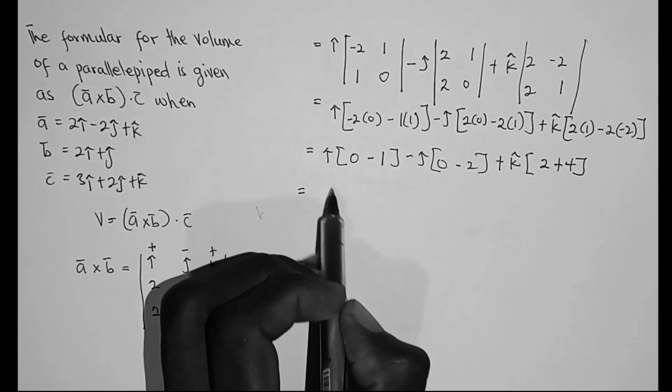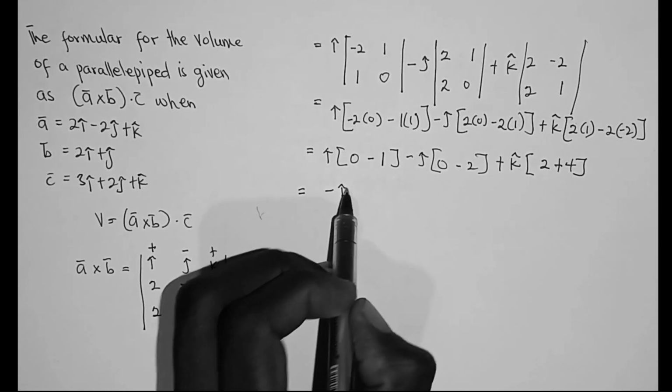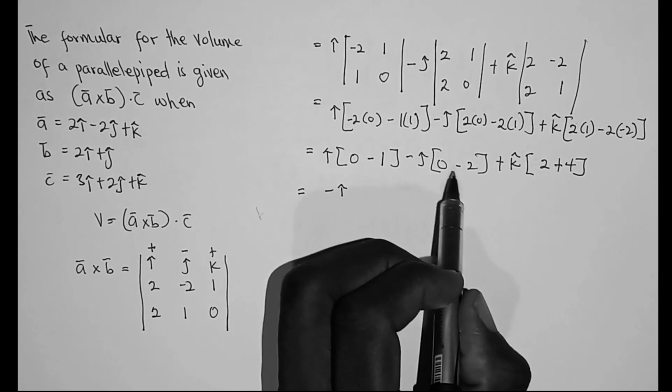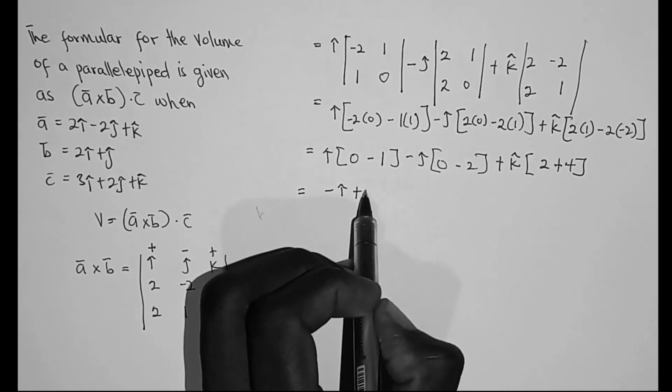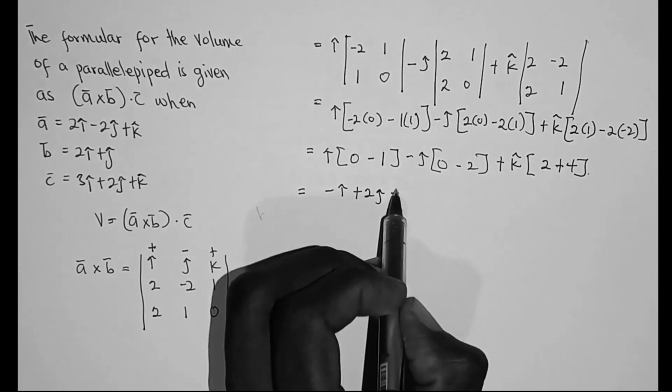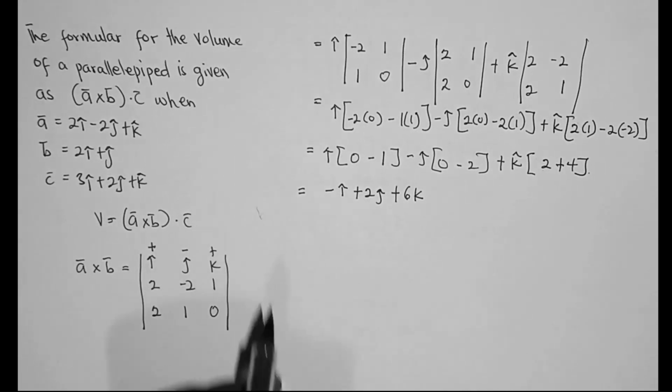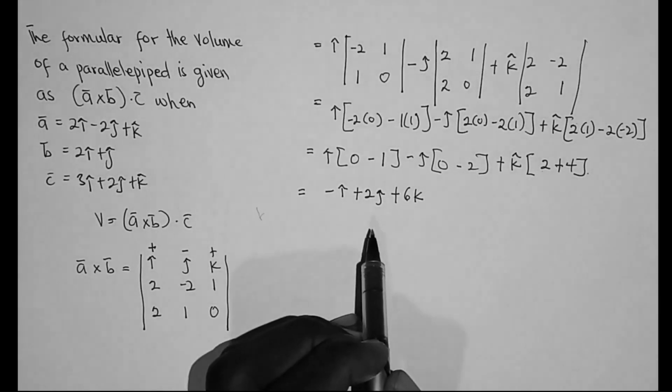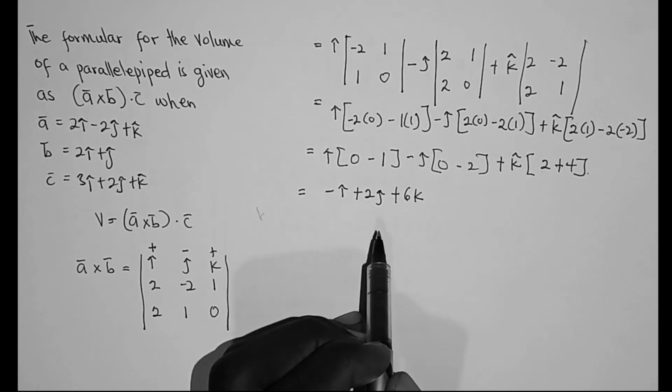So this becomes minus I. Then minus j times minus 2 becomes plus 2j. Then 2 plus 4 is 6, so plus 6k. So this is vector A cross vector B.